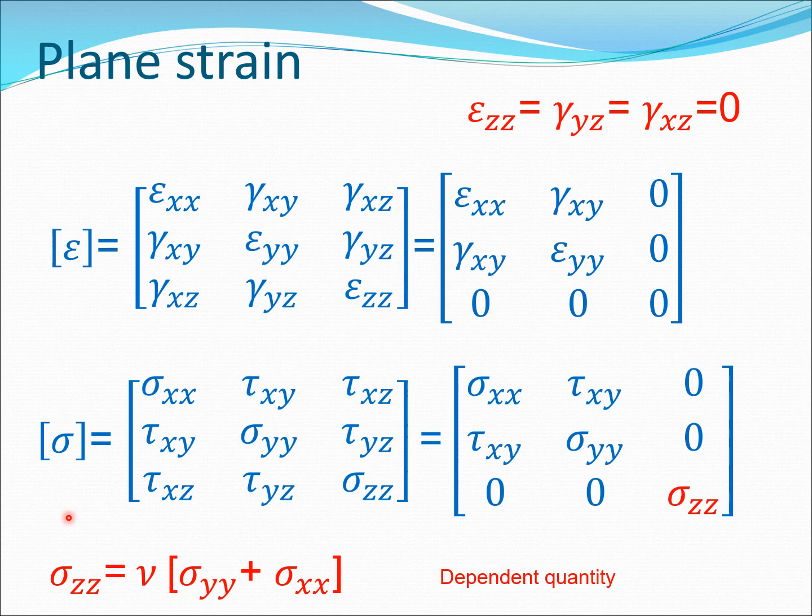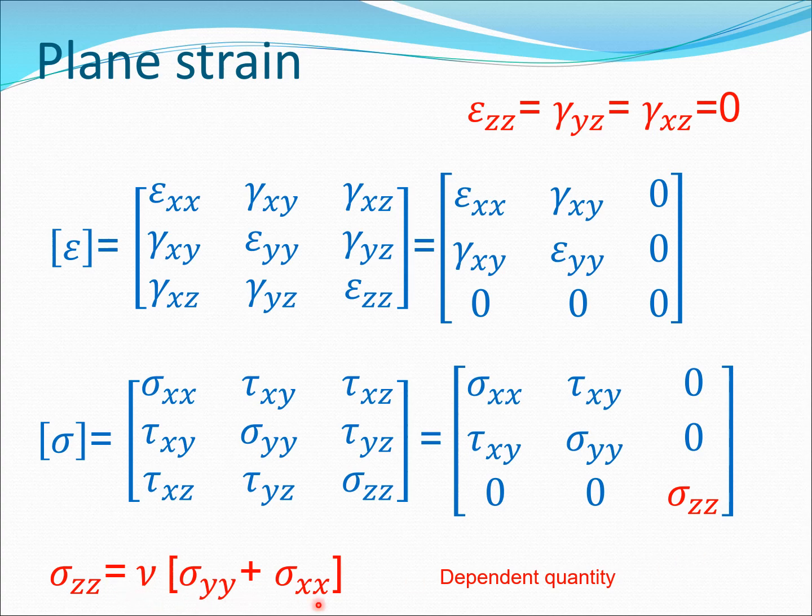But what has happened is that because of the stress-strain relationship, we have ended up with the stress matrix which does contain a sigma zz. So though we were able to by definition remove the strains in the Z direction, we were not able to do that in the stress matrix. Somehow the stress has survived, and sigma zz is equal to nu times (sigma xx plus sigma yy).